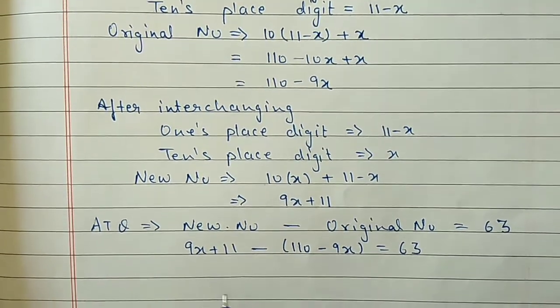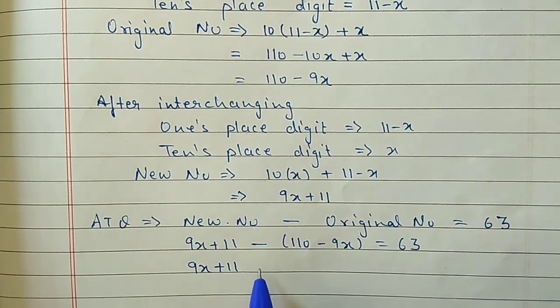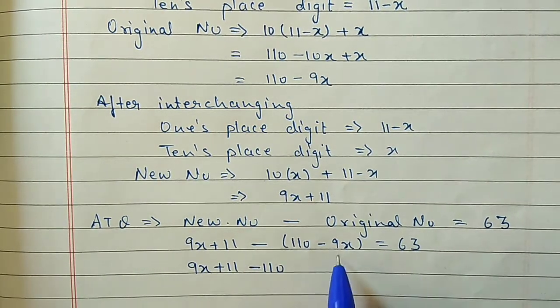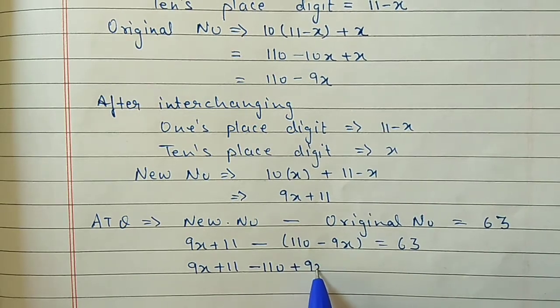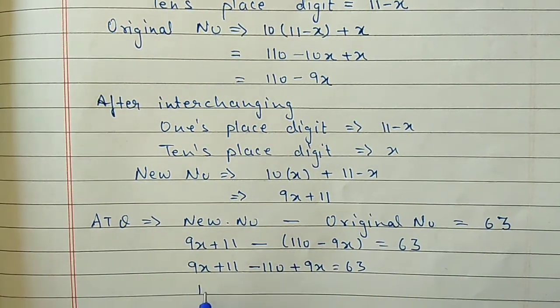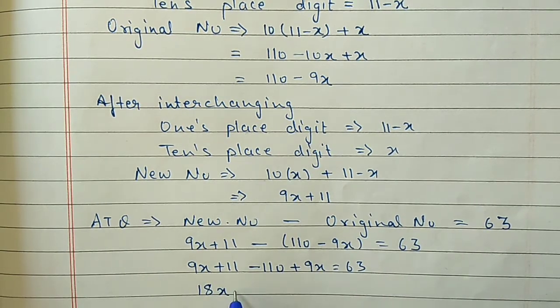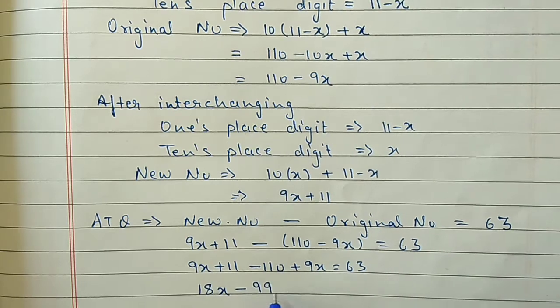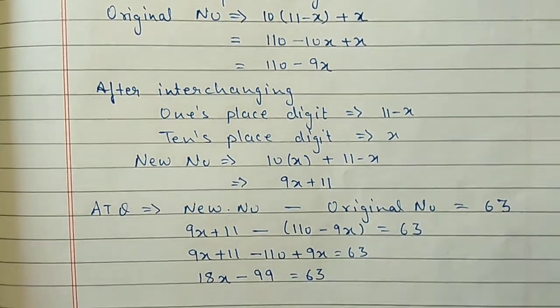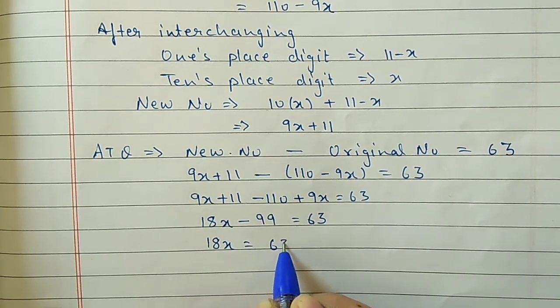Now we can simplify it. 9x plus 11 minus 110 plus 9x equal to 63. So 9x plus 9x will become 18x, and 11 minus 110 will become minus 99, equal to 63. 18x is equal to 63 plus 99.